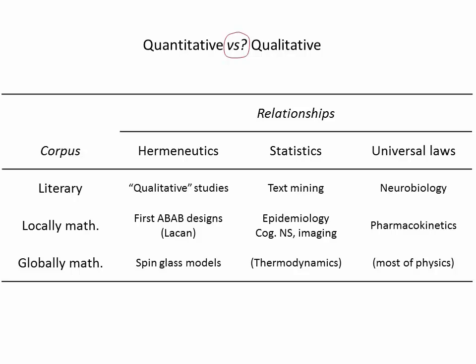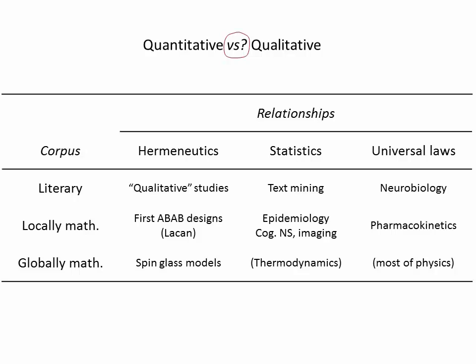For instance, you can have universal law in a universe where there is only mathematics. This is physics. There is nothing of this kind in child and adolescent psychiatry.